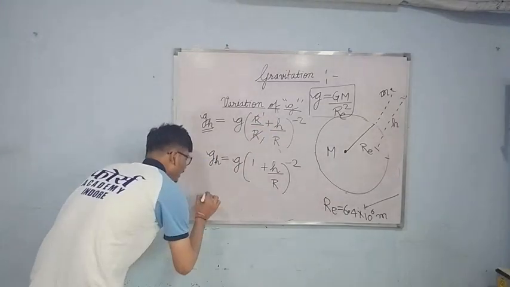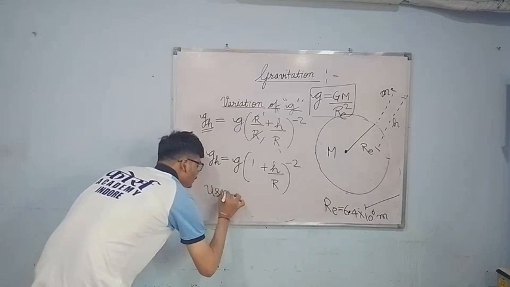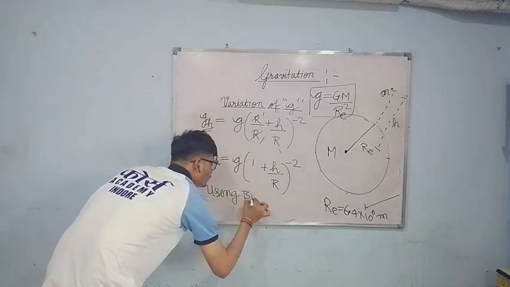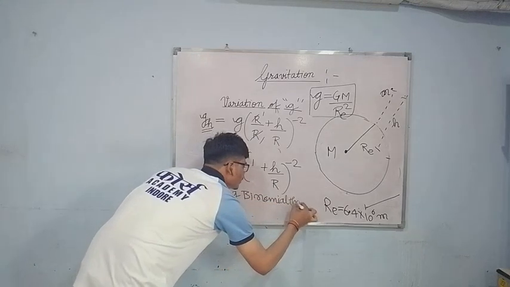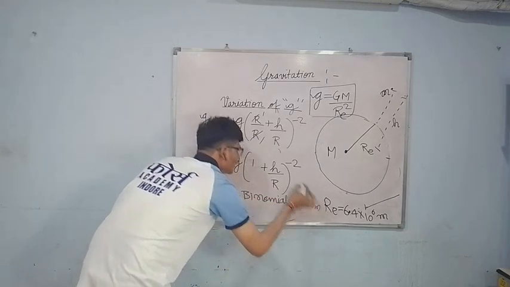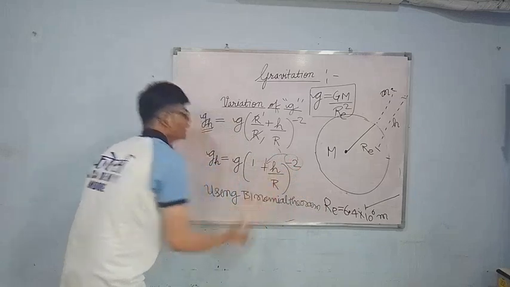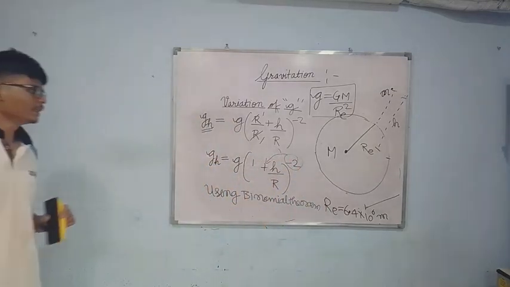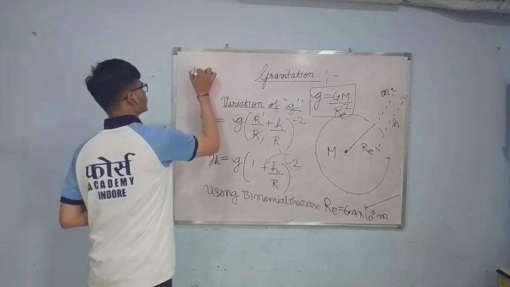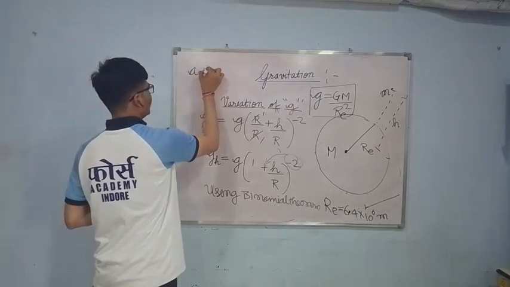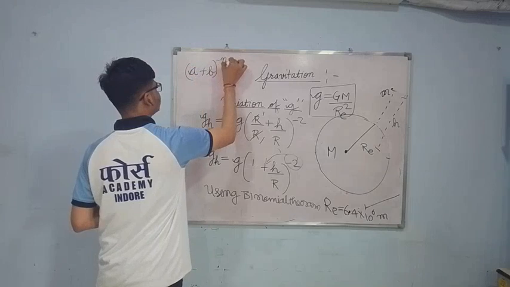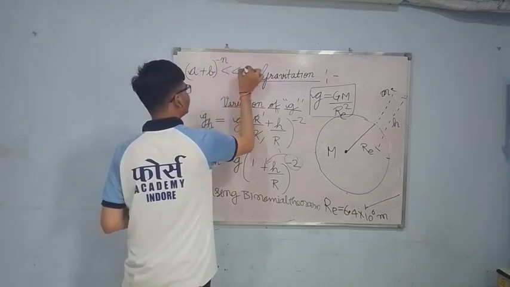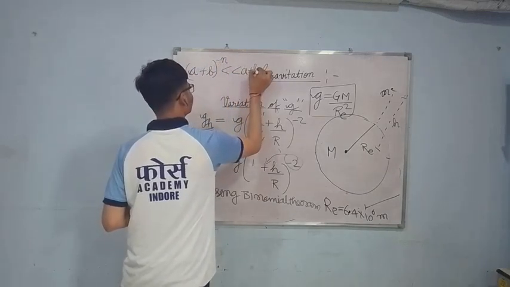Now using the binomial theorem, we can neglect the further values, since (a plus b) to the power minus n is very less than (a plus b).